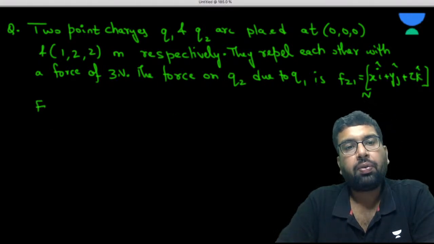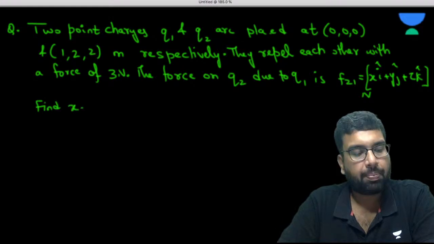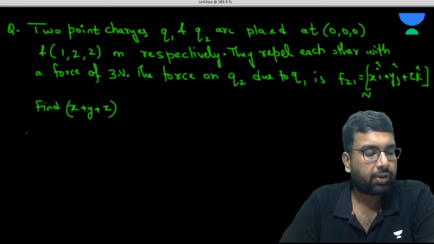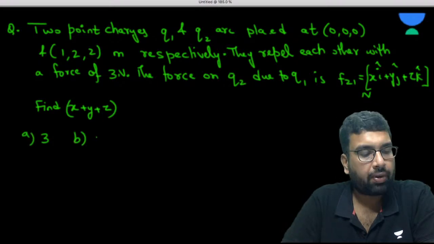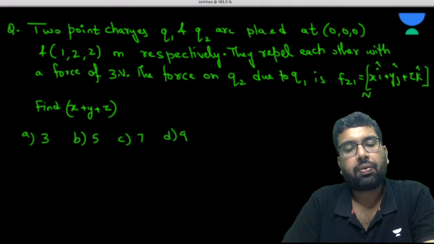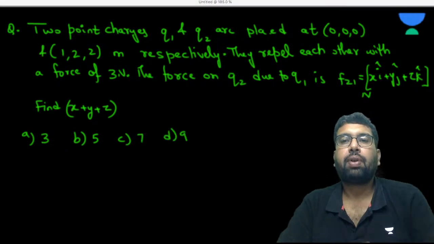Find the value of x plus y plus z, and we have the options 3, 5, 7 and 9. Please go for it. Can we please try this one?